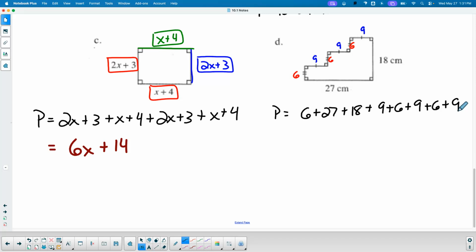Yep, got them all. Let's see. 6 plus 27 is 33, 43, 51, 60, 90.